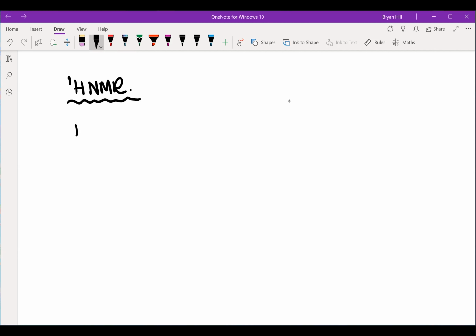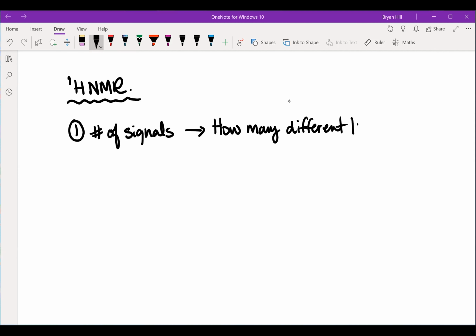The first is the number of signals, and this is going to represent how many different kinds of protons are present.